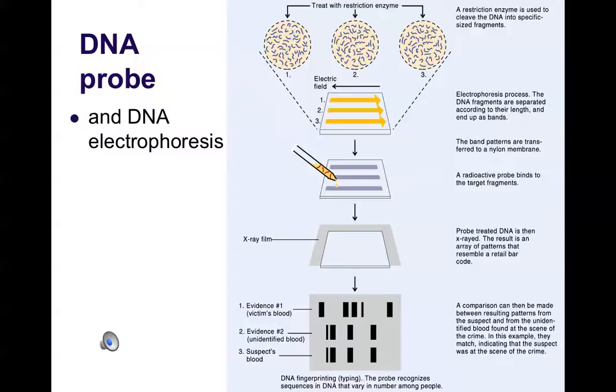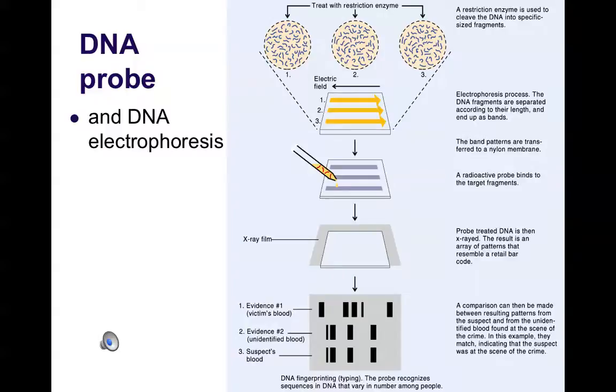So if we compare the DNA fingerprint, or the size of the fragments, from the victim's blood sample recovered from the crime scene that's been unidentified, to the fragment distribution for the suspect's blood, we can create a statistical probability as to how likely it is that that sample was derived at the crime scene from the suspect themselves.